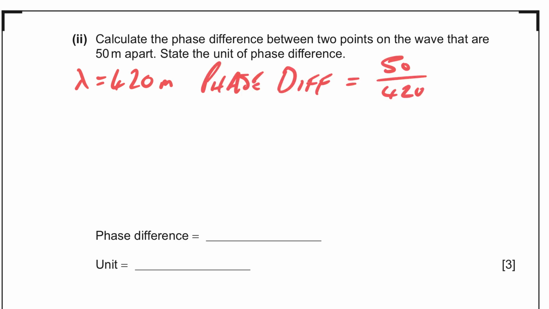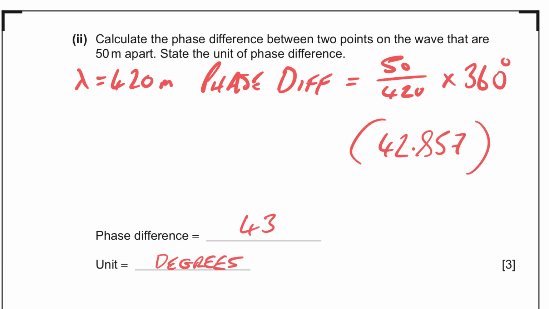And then we could convert it to degrees by multiplying that by 360. You could also multiply it by 2 pi if you wanted the answer in radians, but we'll do degrees. And that comes to 43 degrees. And again, we're still working to 2 significant figures because of the original input numbers being in that form.